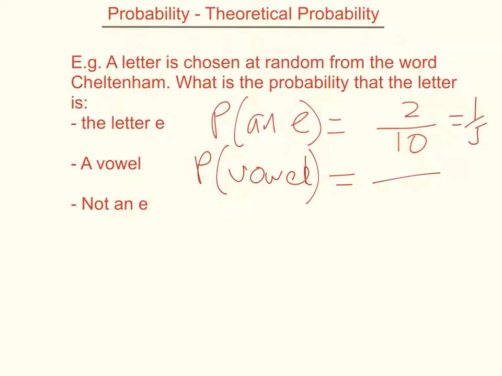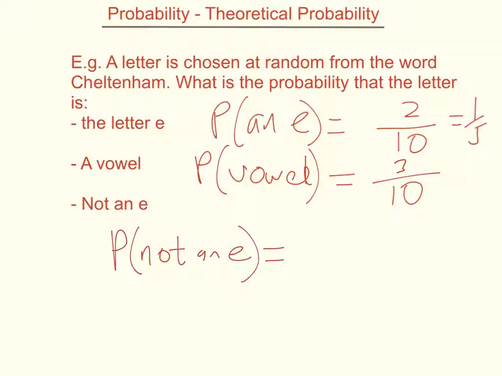In the next one, the probability of a vowel is equal to, again, there are 10 letters in the word Cheltenham, and if I look at the vowels, there's 2 E's and an A, so that means there's 3 favourable outcomes out of the 10 outcomes, 3/10, which doesn't cancel down. The last one, the probability of not an E, well, here's a good way of doing it.